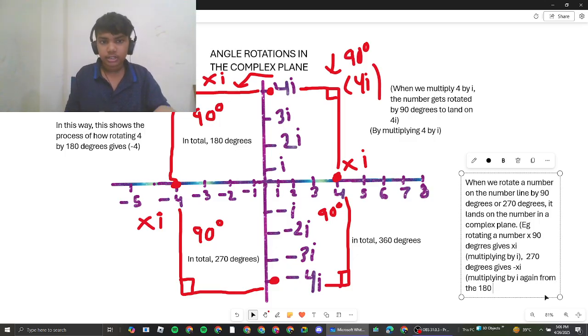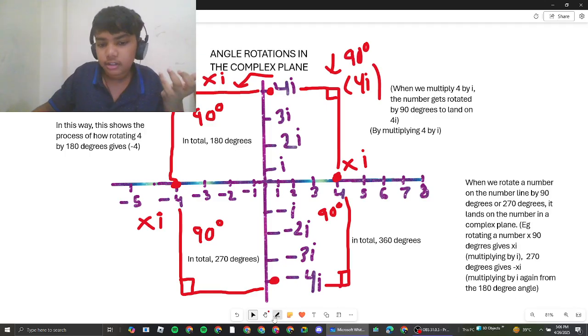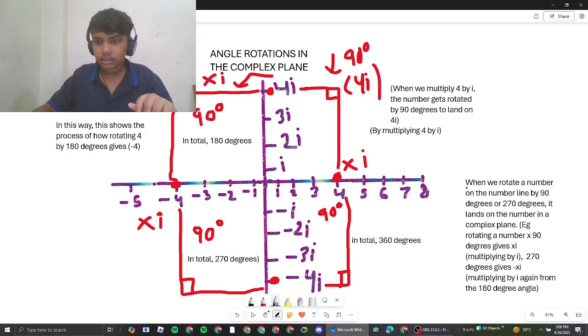The 180 degree angle. This is the summary of what happens.